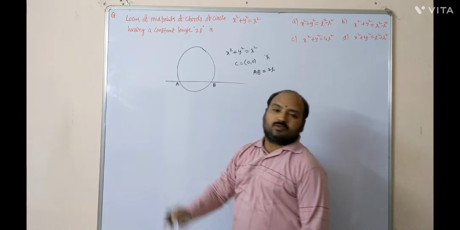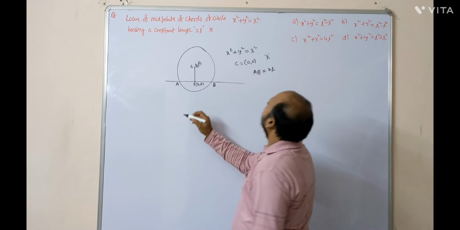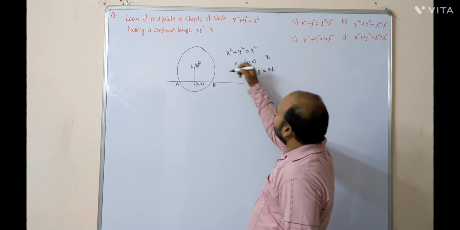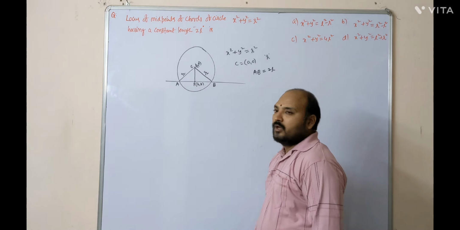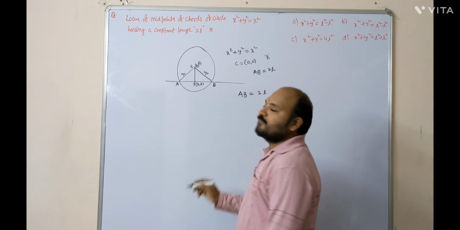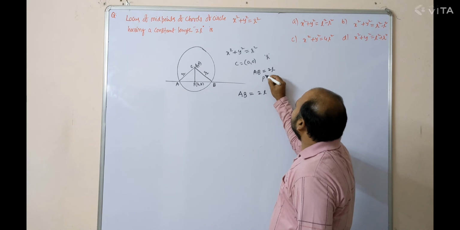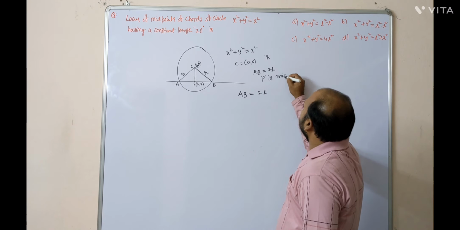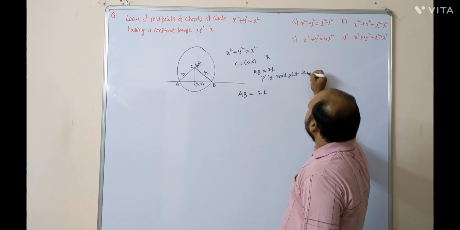The center of the circle is 0 comma 0, center C. From here to here it is the radius, obviously, and from here to here is also the radius. AB length is equal to 2l units. Since P is the midpoint of the chord, AP is equal to PB.